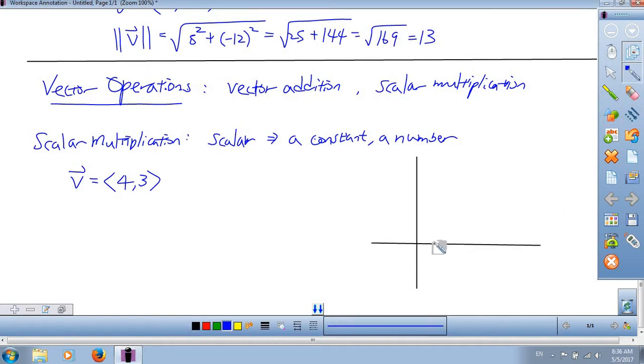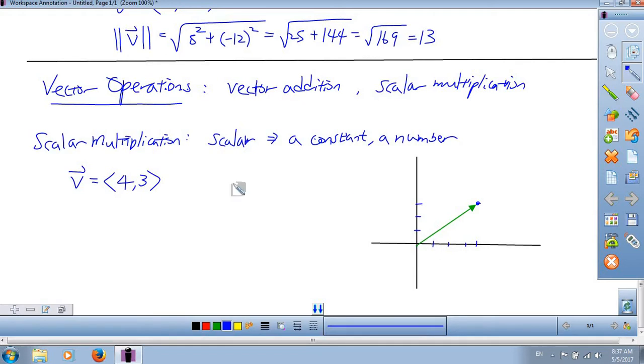So if v is 4, 3, it has 4 as the x component and 3 as the y component. Let's draw it like this. So this is 4, 3. This is v.